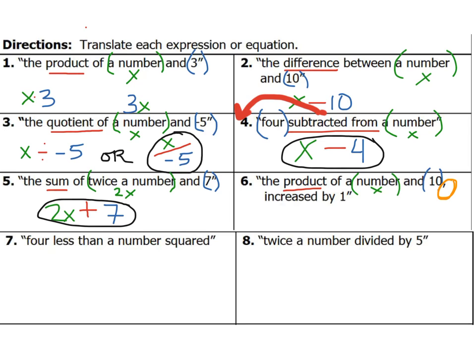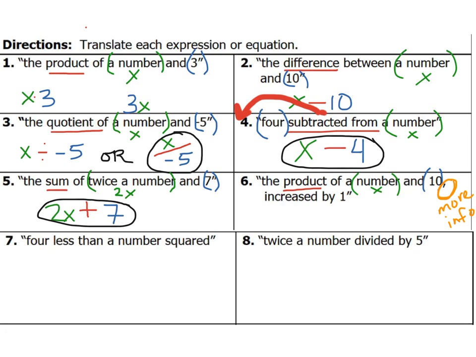I see a comma. Whenever you see a comma, that means some more information is about to come. Okay? It's going to come after the comma. That's true whether we're in math class or English class. So it is important to pay attention to the commas. It also means to pause.